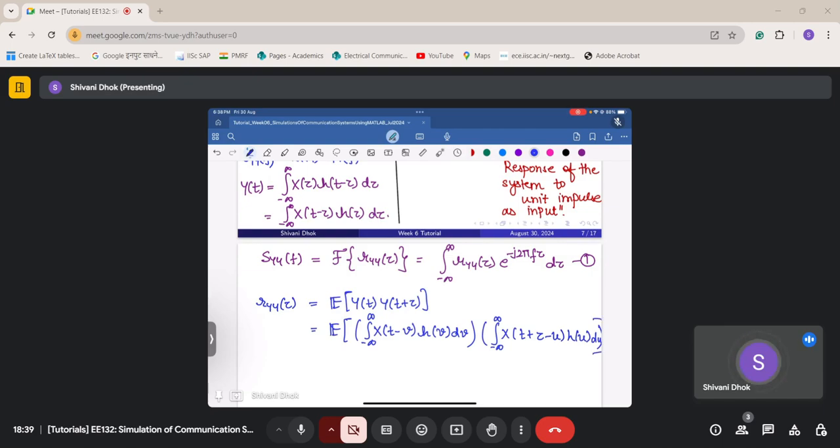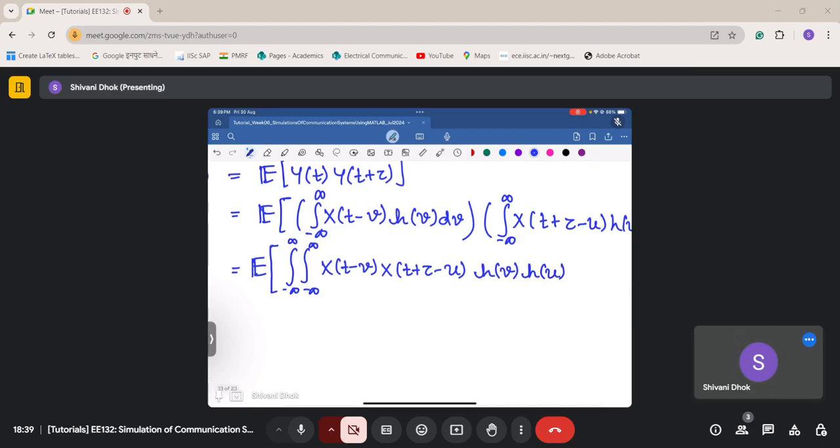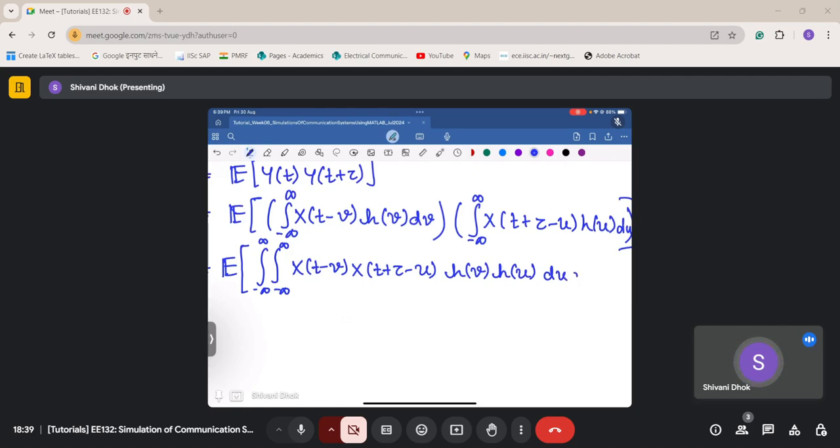Okay, so this is the definition of the autocorrelation function. Now let us take these integrals common, keeping the expectation sign outside. Then we have the double integral from minus infinity to infinity of x(t minus v) into x(t plus tau minus u), then h(v) into h(u) du dv.